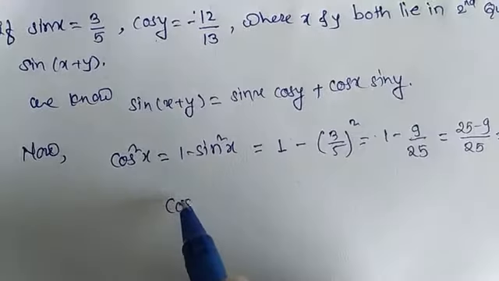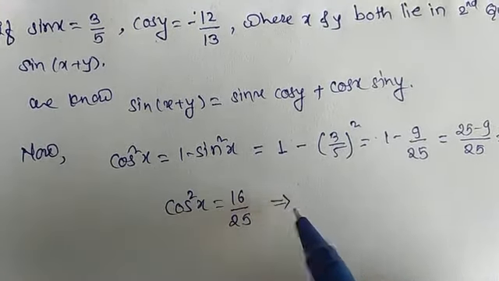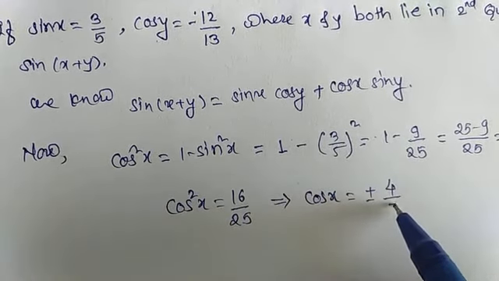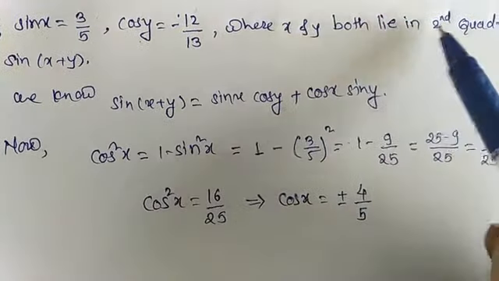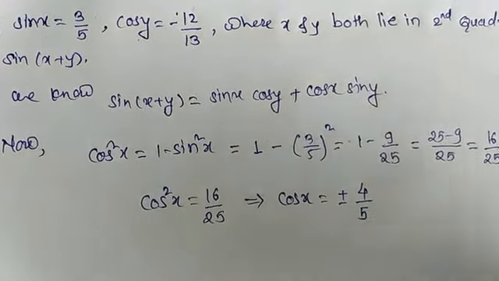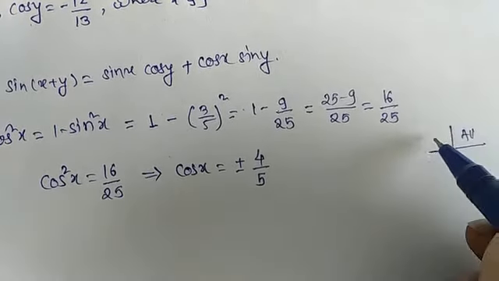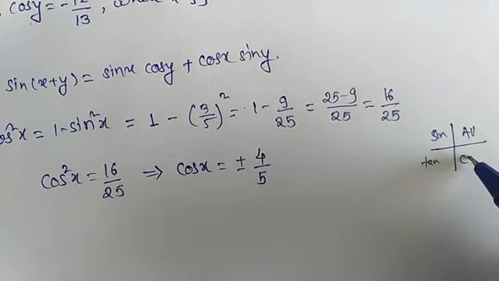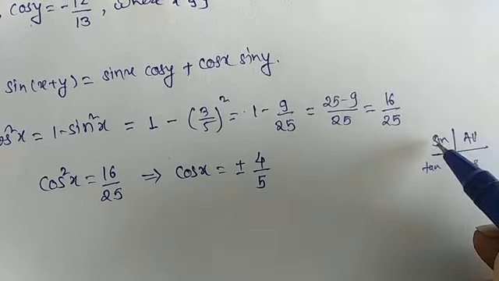Now cos²x is equal to 16/25, which implies that cos x is equal to ±4/5. Now here given that x and y both lie in the second quadrant, and in the second quadrant only sin is positive. So only sin and its reciprocal cosec are positive.